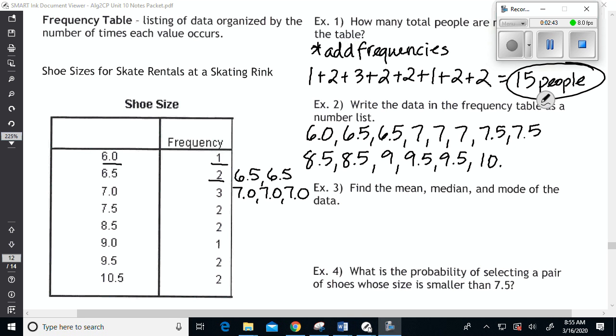And 10.5 shows up twice. So there's your number list, just listing the numbers that you have based off of the number of times you have it.